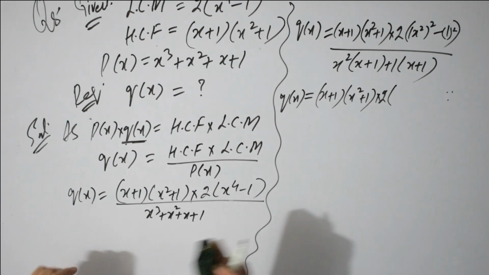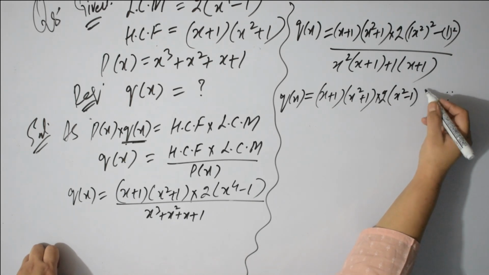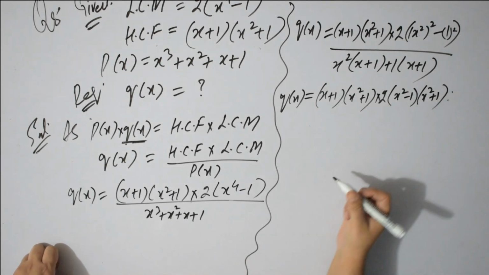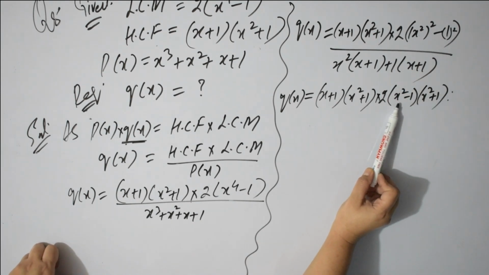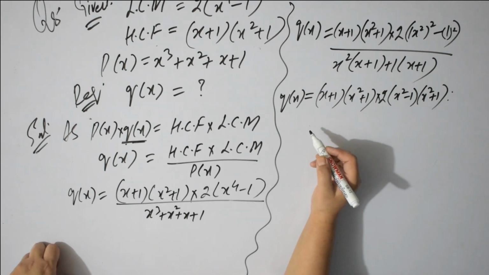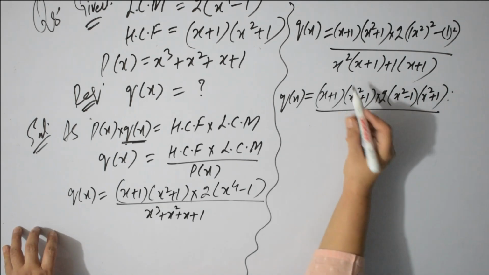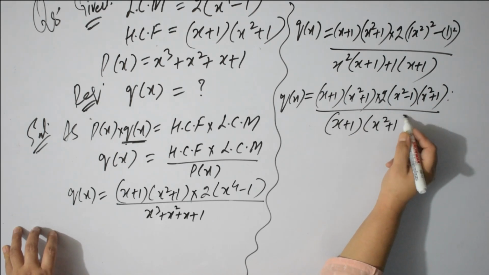I'm just applying its formula. It's x square minus 1 into x square plus 1. What is a? A is x square. This is a. Okay, a plus b and a minus b, and then the whole divided by x plus 1 into x square plus 1.